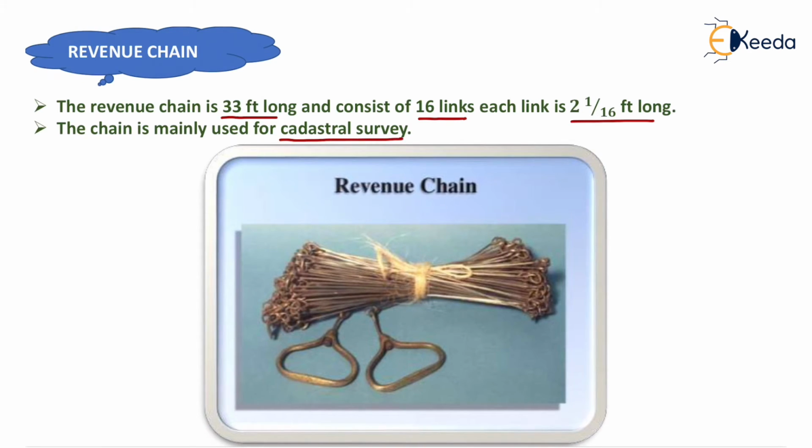Now we had already studied cadastral surveying in our previous lecture, that it will be used for the marking of border between two states, two countries, two continents, two plots, etc. So this chain is generally used in cadastral surveying.